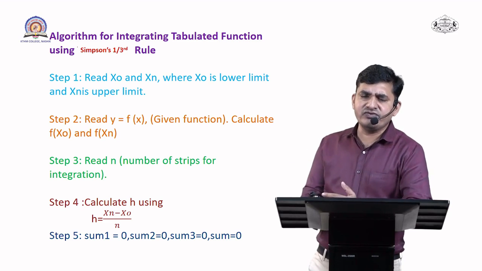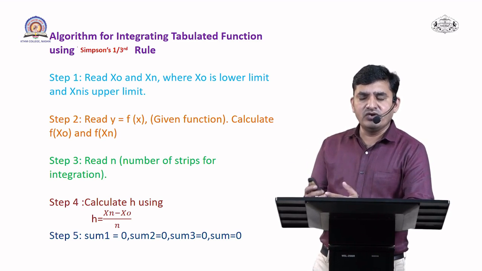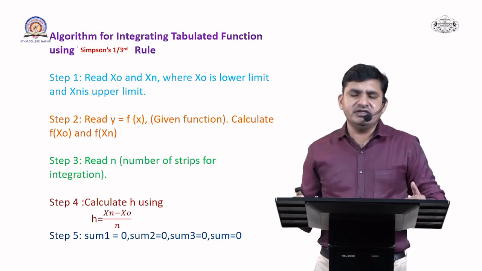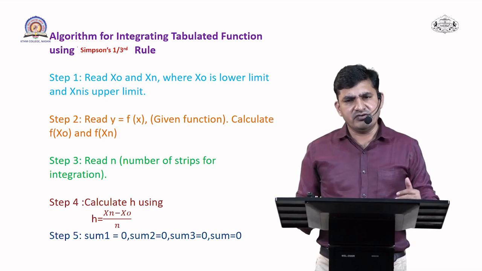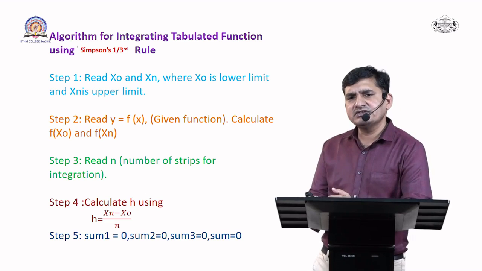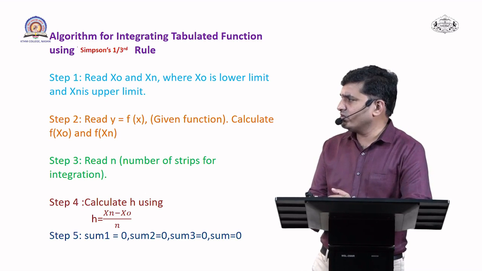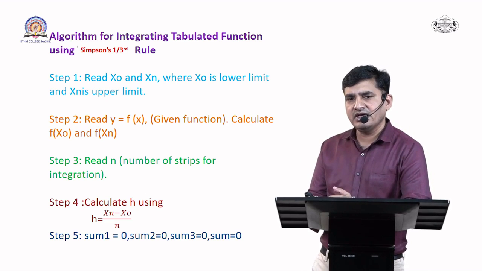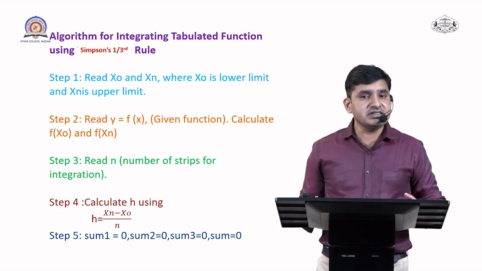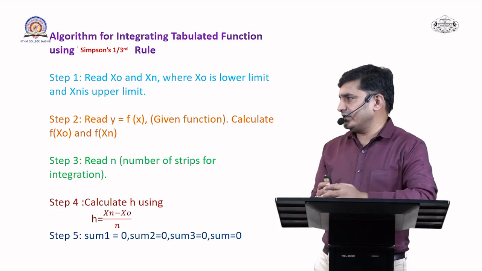Now first we have to see what is the algorithm to find the integration of a given function by using Simpson one-third rule. First step is read x0 and xn. x0 is the lower limit, xn is the upper limit.